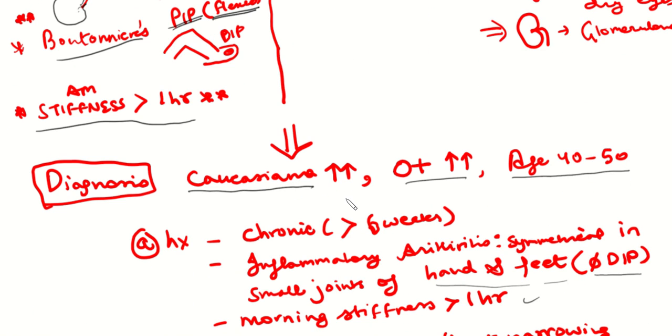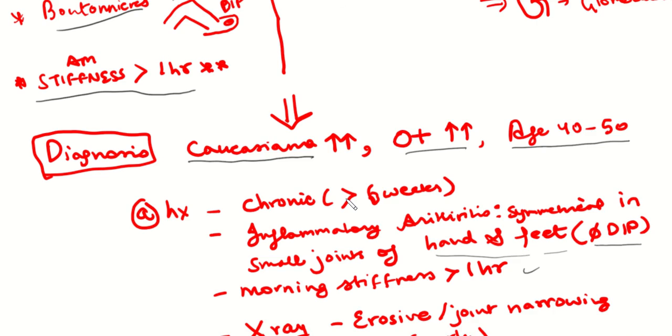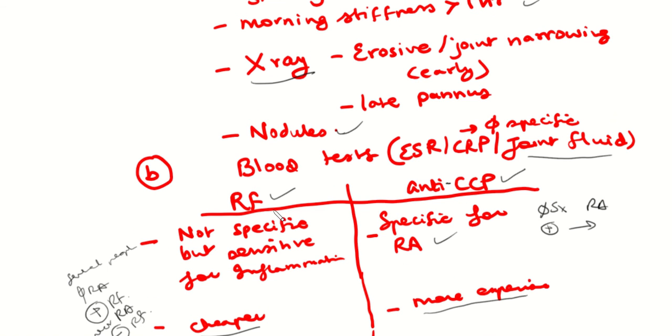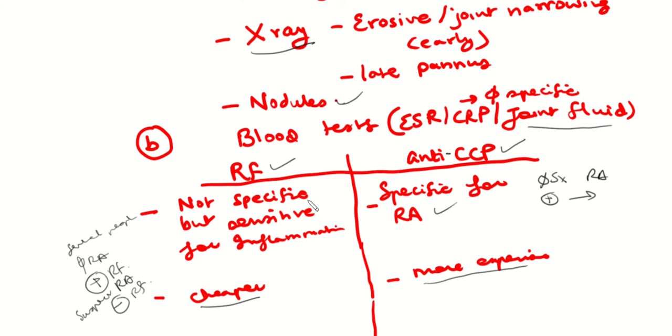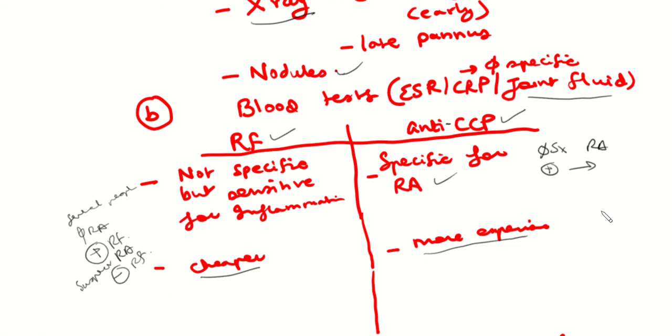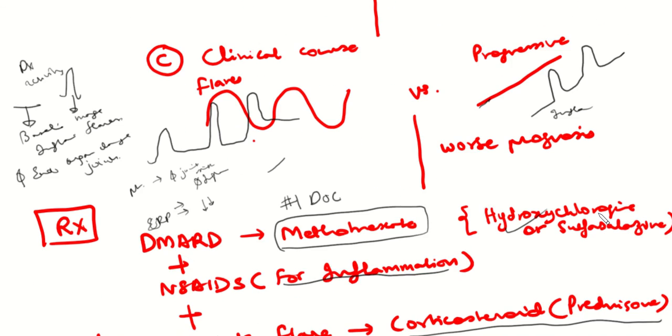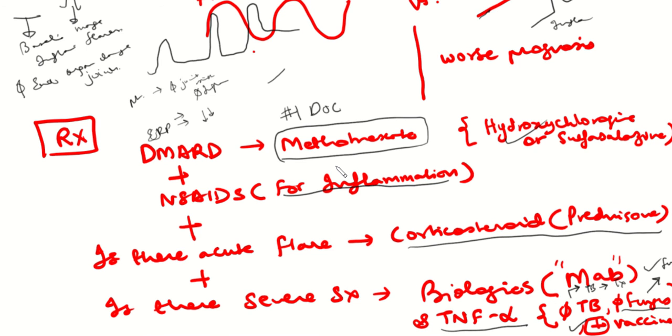Found more in Caucasian women 40 to 50 years old. We talked about blood tests once the patient comes in, and x-ray that shore up our diagnosis. We talked about rheumatoid factor versus anti-CCP. Okay. We talked about the clinical course and the medications.